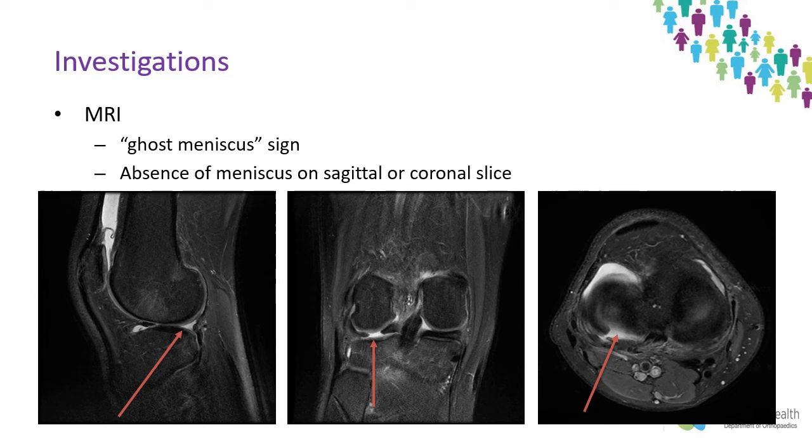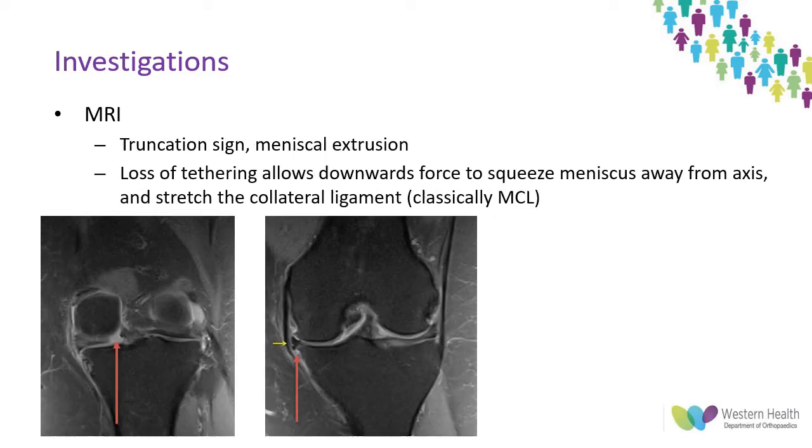These slices demonstrate a ghost meniscus sign on the sagittal slice, while on the coronal slice, the truncation sign with the absence of meniscus is indicated, and the axial slice demonstrates it as being a radially oriented lateral meniscal root tear. Root tears are generally best appreciated on T2 sequences, where a bright fluid cleft is visible where the dark meniscus should otherwise be.